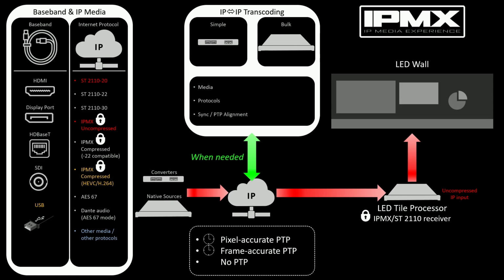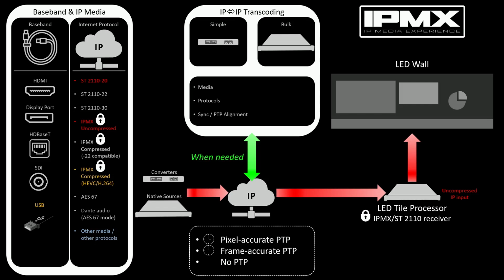So in summary, many sources could be natively transmitted or converted using IPMX. IP to IP gateways could help deal with media, protocol, and timing conversions when needed.